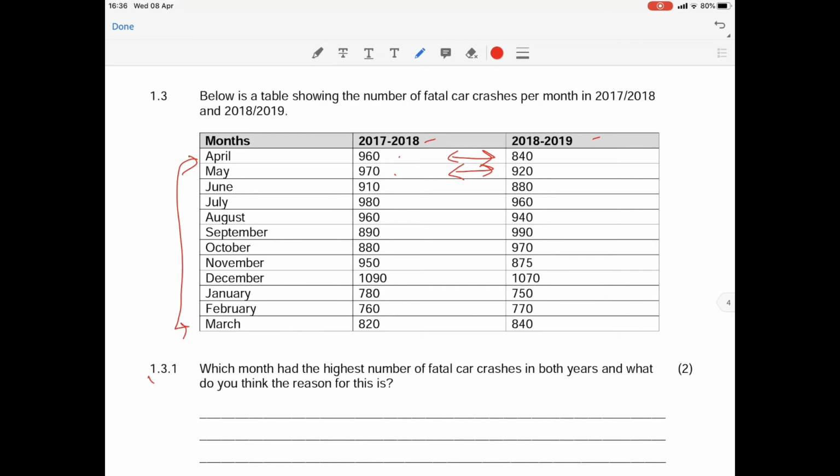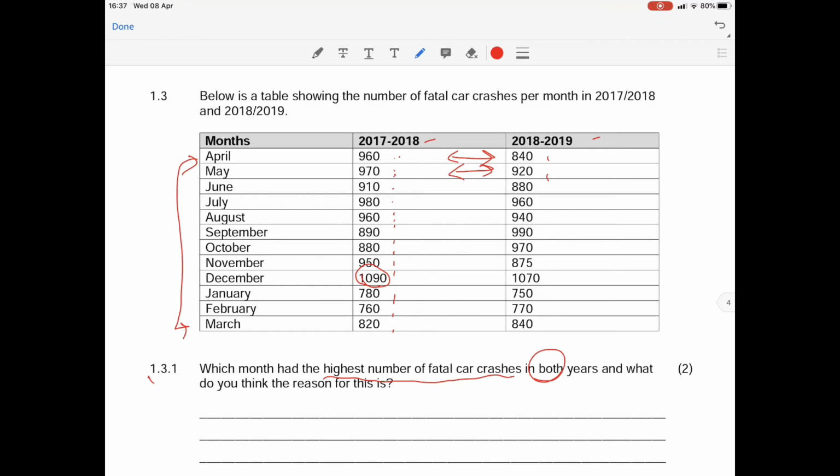Then question 1.3.1 asks you, which month has the highest number of fatal car crashes in both years? And what do you think the reason is for this? So what they would be asking you to do here is to take a look at your data and look for the maximum value in each year. So if you come down your first column, you would have needed to rank this data from highest to lowest.